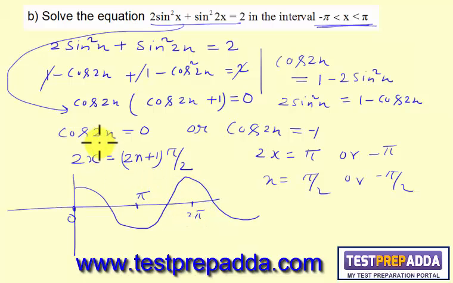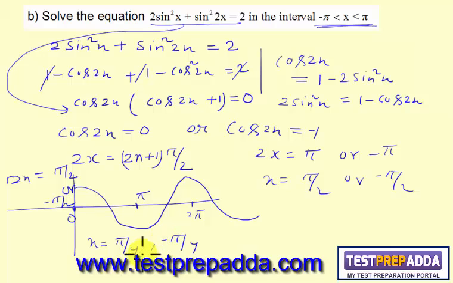Since here cos 2x is equal to 0, 2x will be pi by 2 or minus pi by 2. So x will be what? x will be pi by 4 or minus pi by 4.